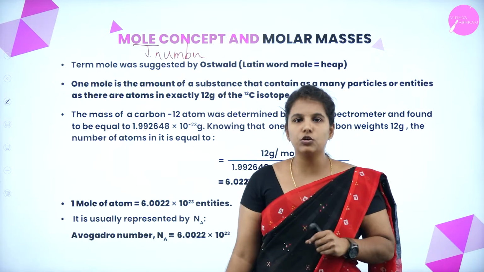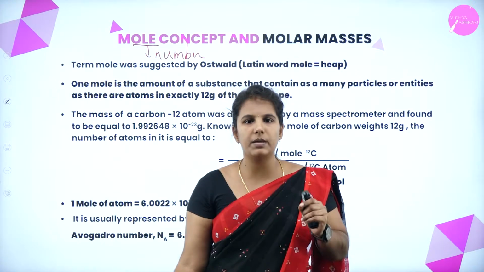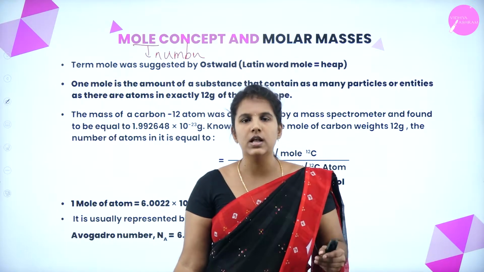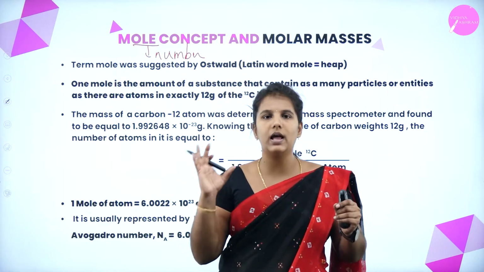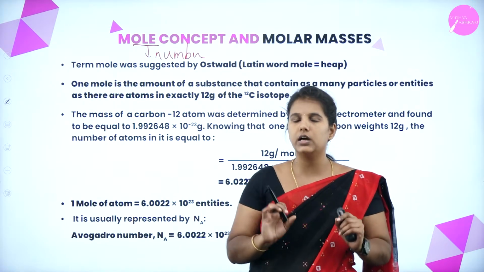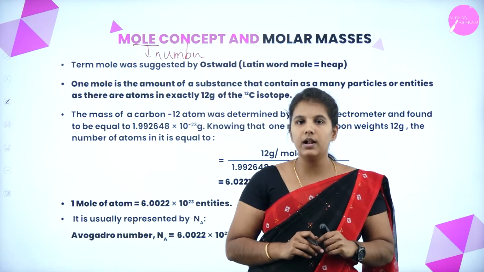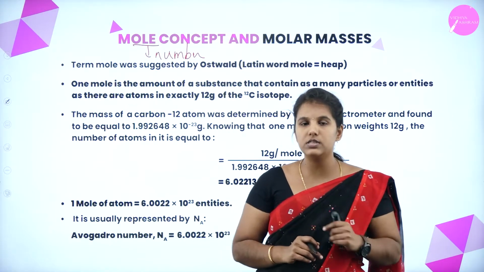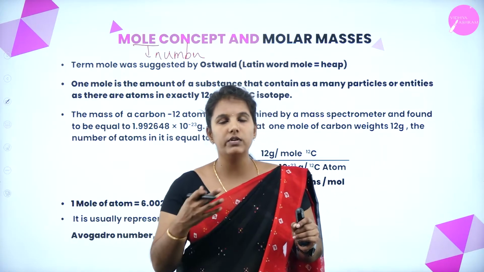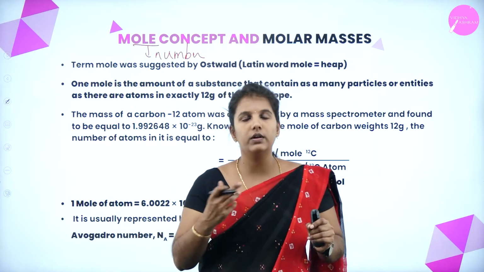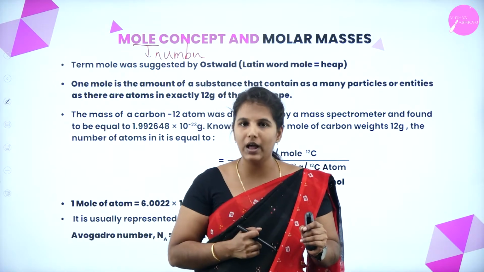To count microscopic entities, be they atoms, molecules or ions, found in a particular matter, we use the term mole. Mole is nothing but a number. For example, in our daily life, we use a dozen to count 12 items, and also a score for 20 items, and a gross for 144 items.